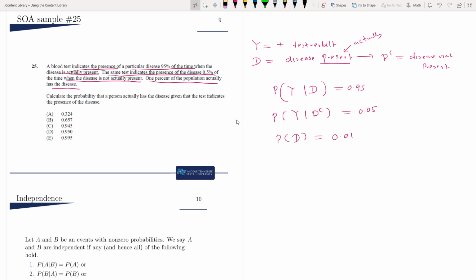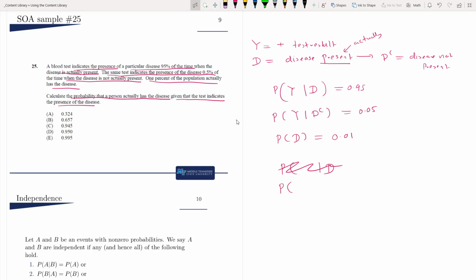So we are asking to calculate the probability that this person actually has the disease, given that the test indicates the presence of disease. So it's the other way. Given part is the test indicating the presence of disease.